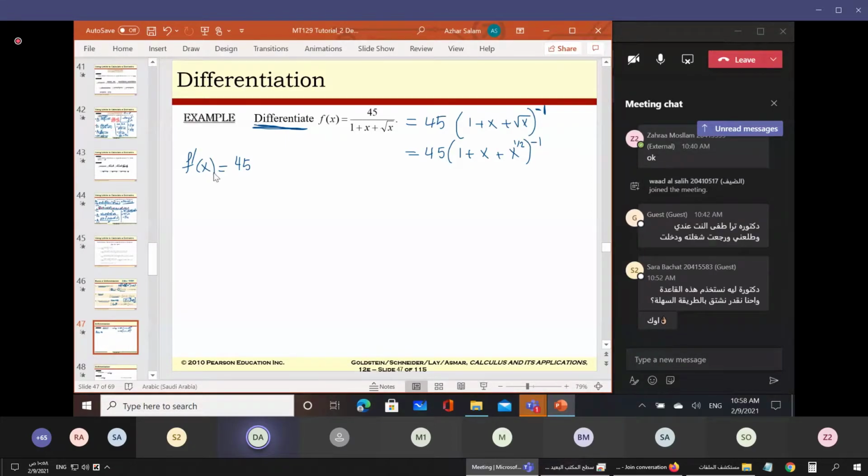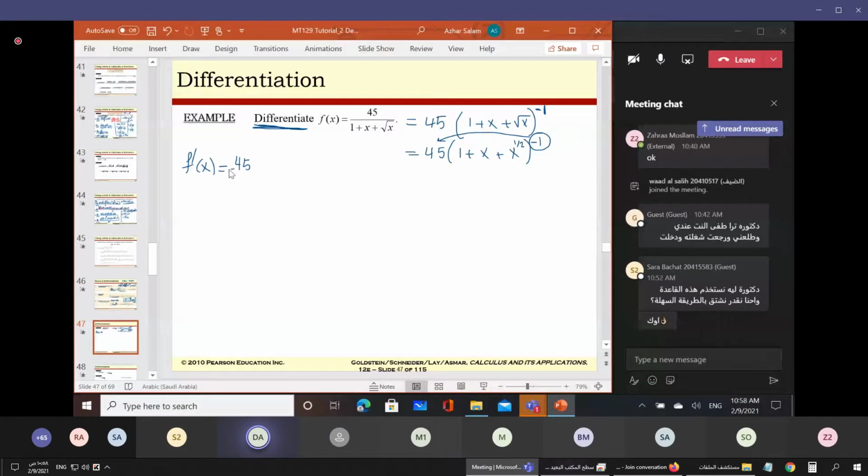Okay, now I will take the derivative. It will be 45. I want to change this number only at the final simplification, multiplied by. Now, I would first differentiate this power. So I will take it down here and multiply it by 45.